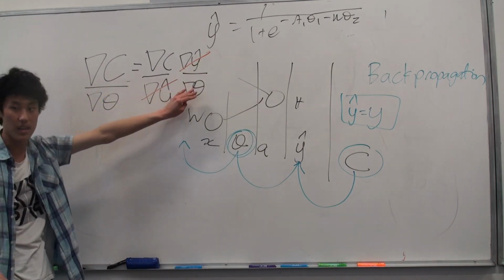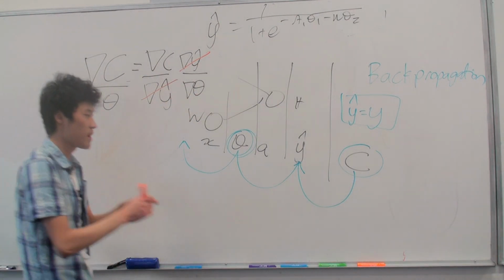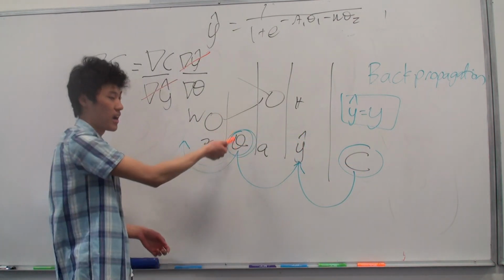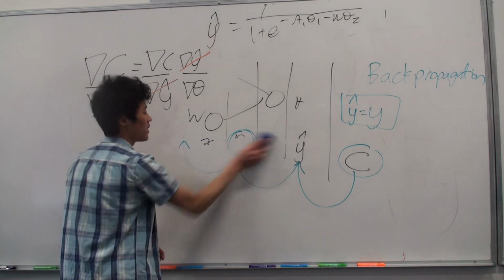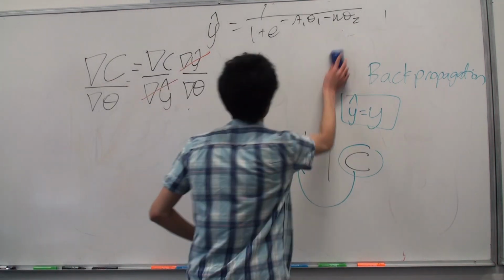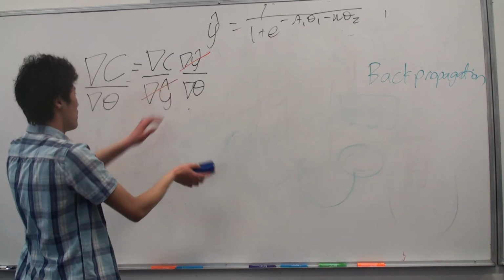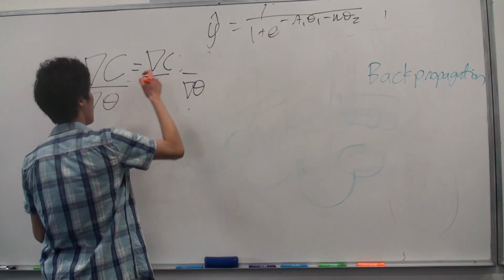But we don't want to cancel it out, because if you cancel it out, we can't work out the total derivative. So just remember, cost function over the prediction, and then the prediction over the parameters. This is your chain rule. Do not cross this out, because we're going to use this.